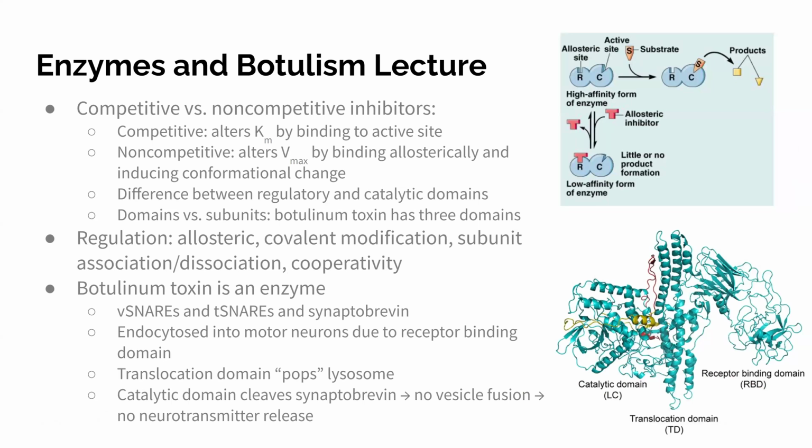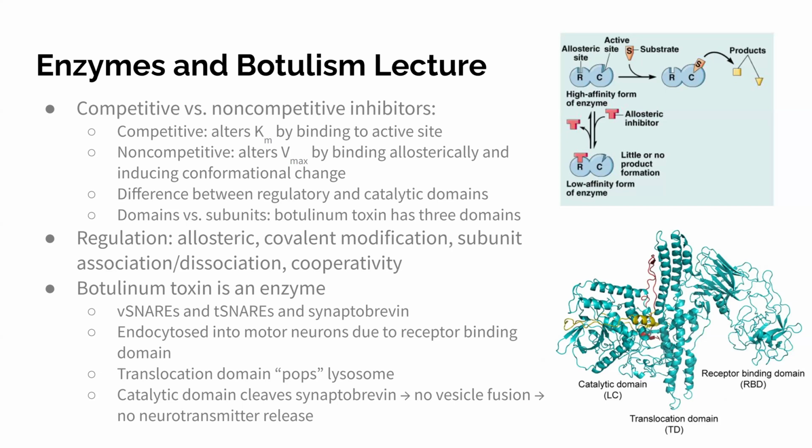So, okay, V-SNAREs and T-SNAREs are cell surface receptors that bring in vesicles that are carrying neurotransmitters, specifically on neurons. And synaptobrevin is just a type, I think, of the V-SNARE. So basically the way botulinum toxin works is it enters into a motor neuron cell through endocytosis, so it'll be in a vesicle.